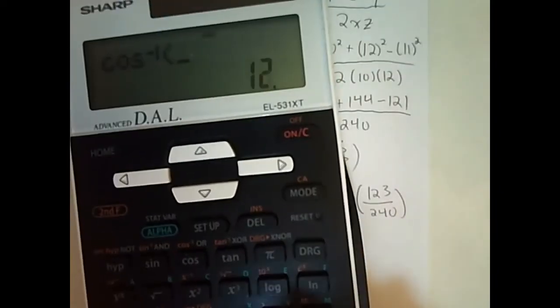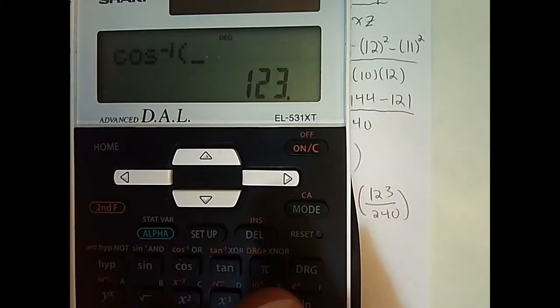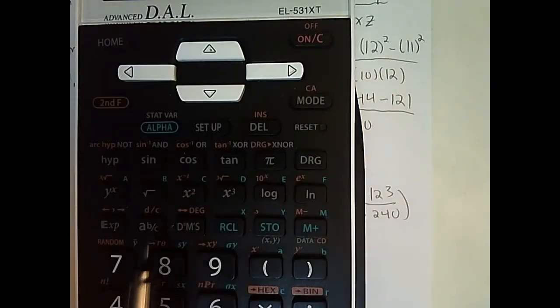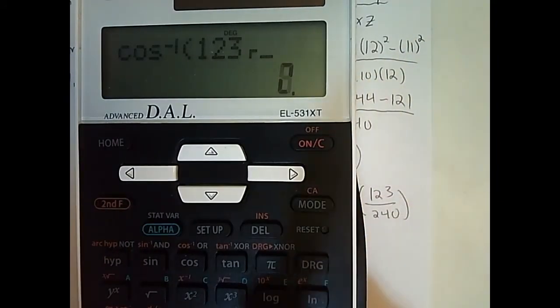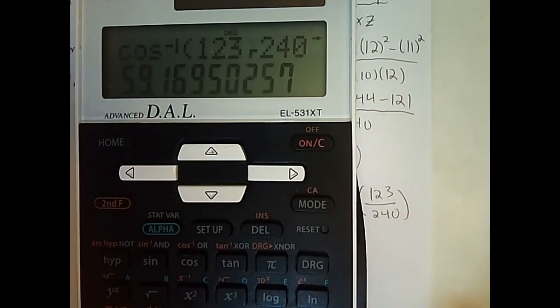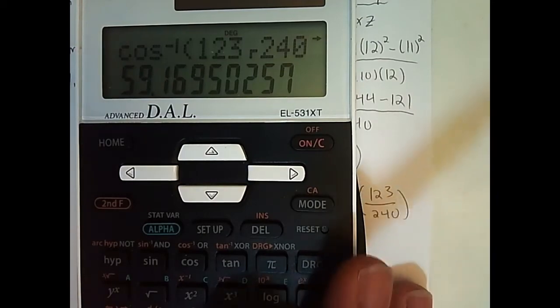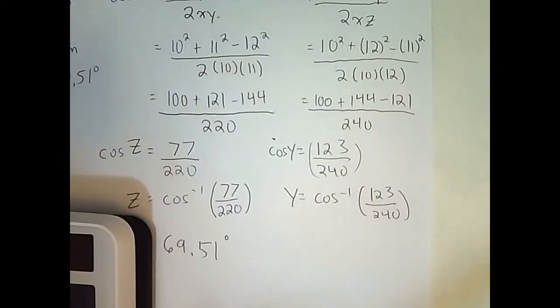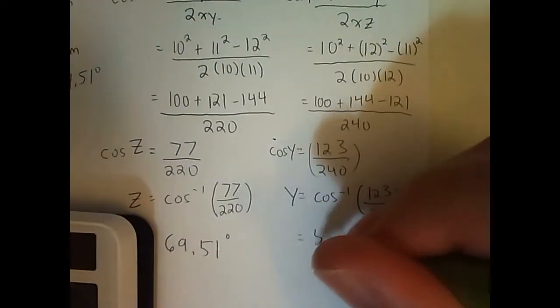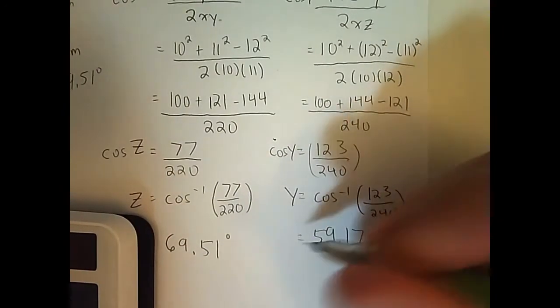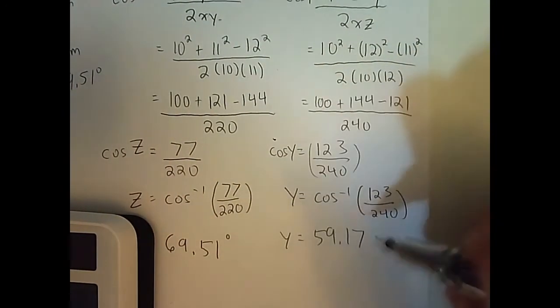I'm going to put the fraction in, 123, fraction button, that's my ABC button, that one, over 240, and I get 59.17, let's say, if I round to two decimal places. 59.17 is going to be our angle Y.